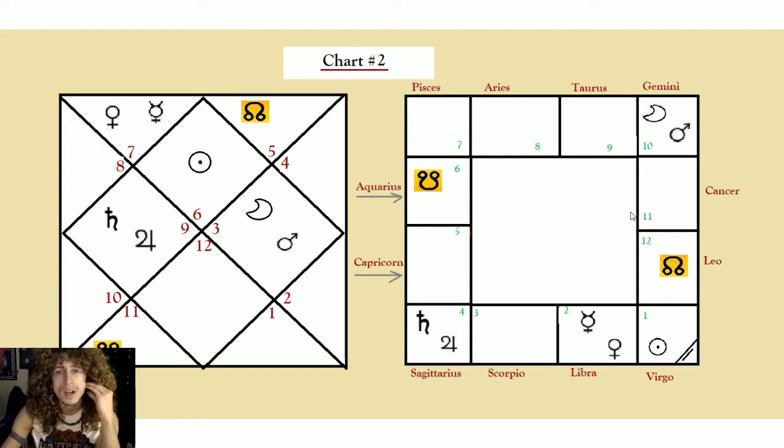This is a one-sided aspect. Here, this Mars in Gemini is giving its aspect to the sun in Virgo, because the Mars affects the fourth sign from itself. But the sun does not give that same aspect back to Mars. So it's a one-sided aspect.